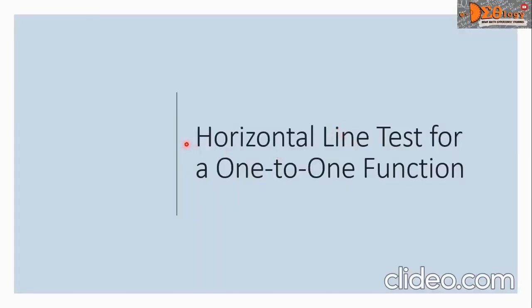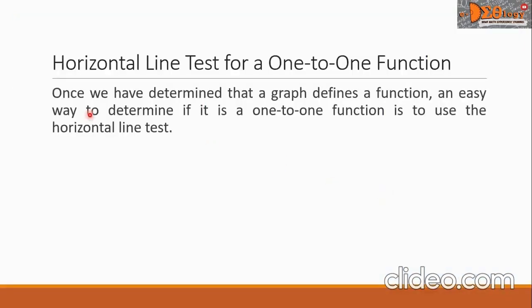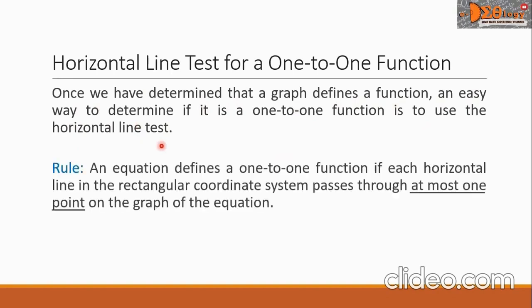Let's go now to the horizontal line test for a one-to-one function. Once we have determined that a graph defines a function, an easy way to determine if it is a one-to-one function is to use the horizontal line test.